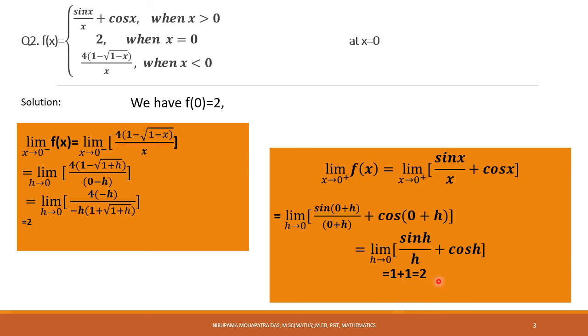So obviously we are getting here 1 plus 1, that is equal to 2. So right hand limit 2, left hand limit 2. It means limit x approaches 0 f(x) equals 2, and that is also equal to f(0). So we have limiting value equal to functional value. It means function is continuous at x equal to 0.